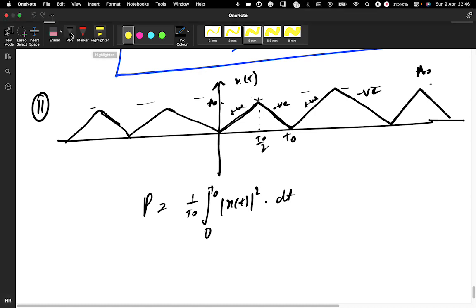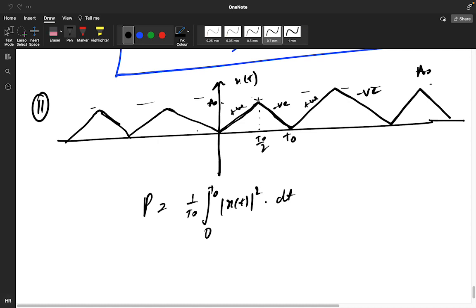Or you can do one thing. I don't have to take the time period 0 to t naught, we can do it like this also. I am assuming my range from minus t naught by 2 to t naught by 2.